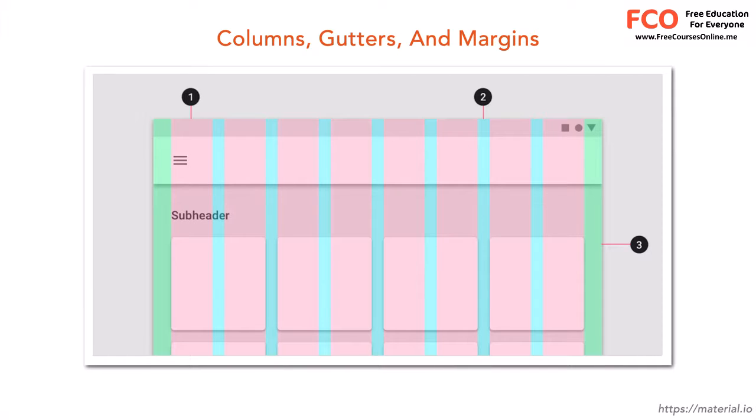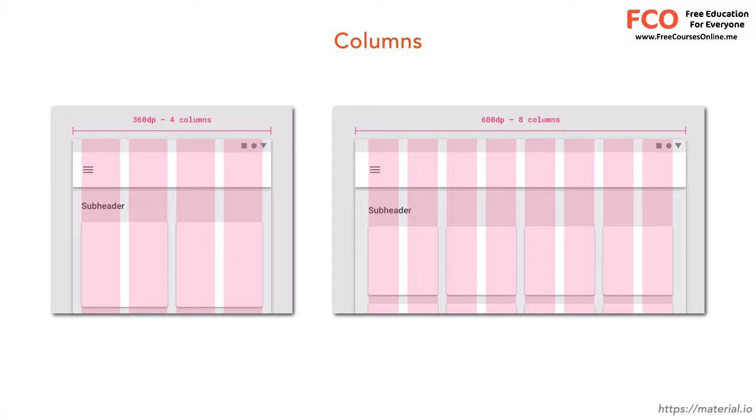Next, on our responsive layout grid, we have a few things like columns, gutters, and margins. Let's take a quick look at them. Columns is nothing but the number of columns that we are dividing our layout into. This is typically useful as a notation to understand.